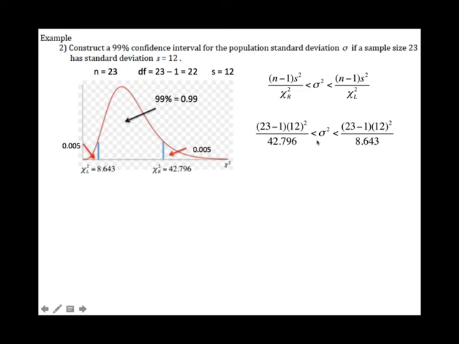Okay, because this is an inequality and then we do the fraction, so make sure you switch these two. Chi-square to the right on the left. Chi-square to the left is going to be on your right. Okay, use the calculator. You're going to get this. If we are working on the population variance, we could just stop here. But now we are working on the population standard deviation, so we're gonna take the square root of both sides.